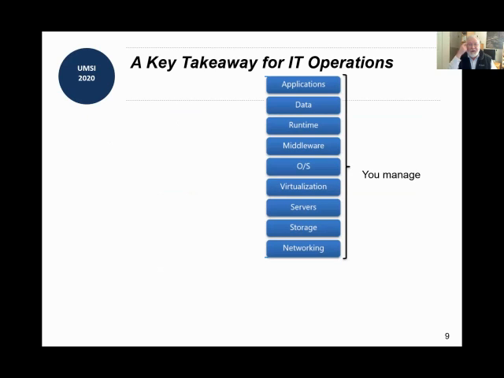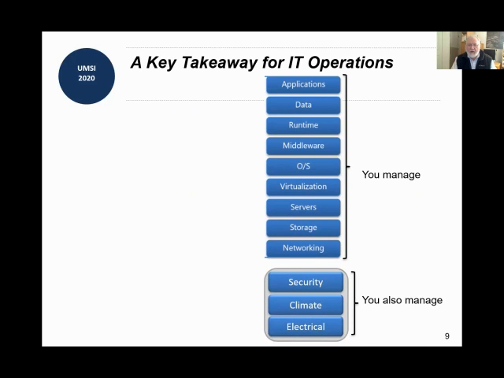So one of the key takeaways about IT operations was the part of the stack we saw in an earlier lecture, having these elements, and that an IT manager had to worry about each of these, all the way from applications that the users would touch down to the networking, connecting things.